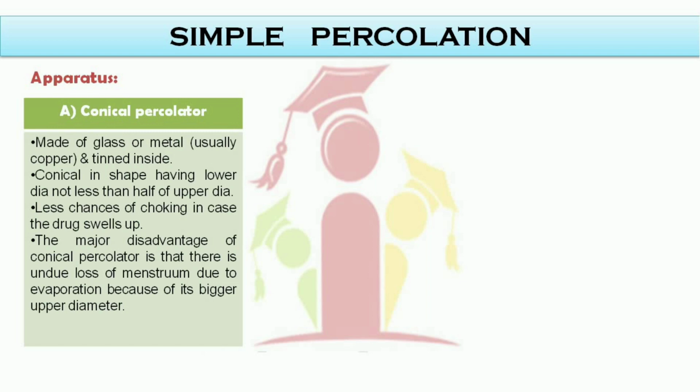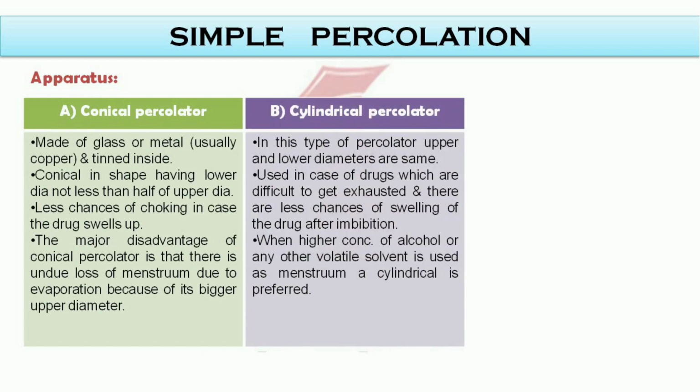Less chance of choking is present in this case as the drug swells up. The major disadvantage of the conical percolator is that there is undue loss of menstruum due to evaporation because of its bigger upper diameter.